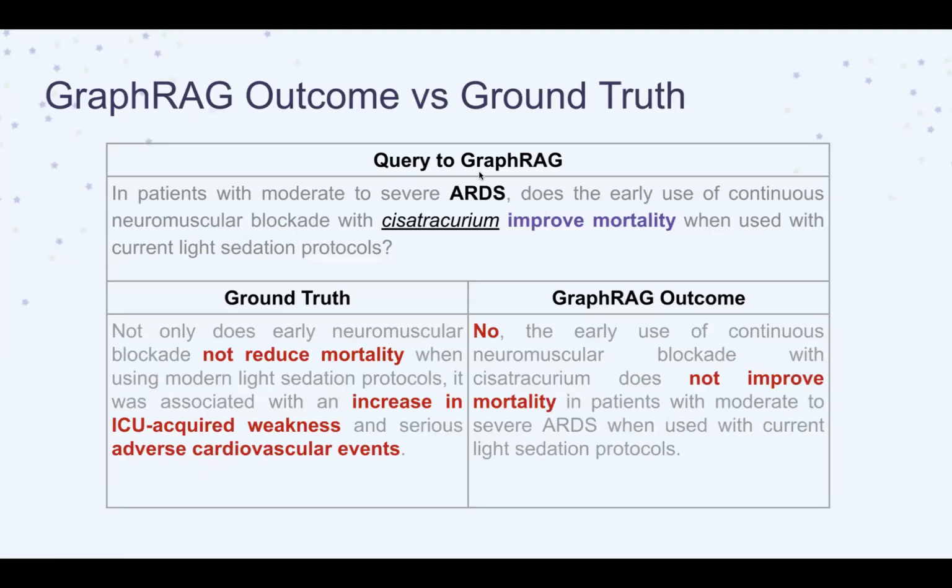So we have our clinical question that we are going to query into GraphRAG, and it's asking: in ARDS patients, does a certain medicine, let's just call it C, improve mortality? The ground truth says no, it does not reduce mortality.